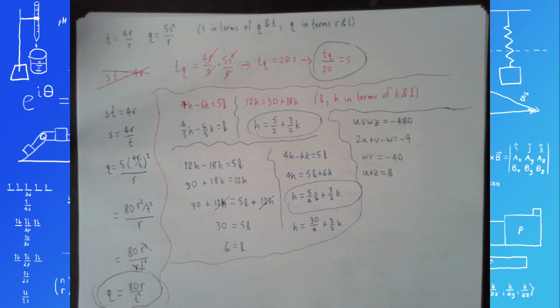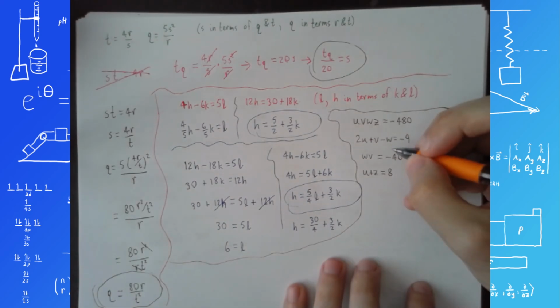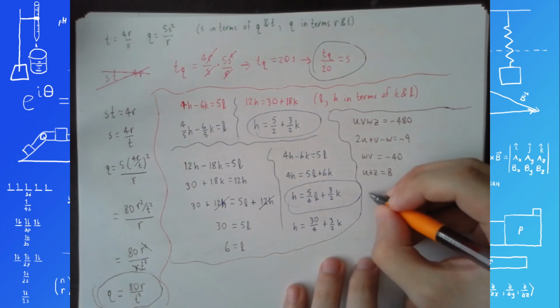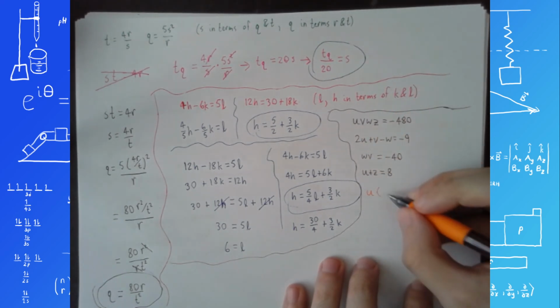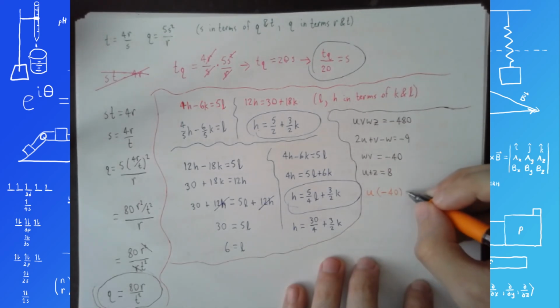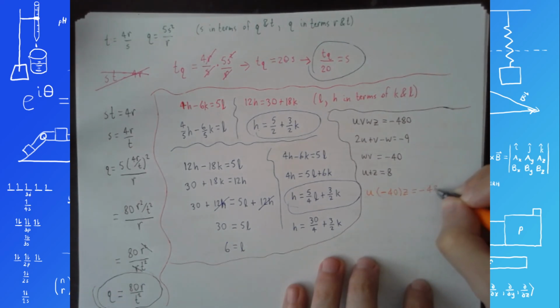I can do, let me switch to, let's do orange. I can do u times v times w is equal to negative 40 times z is equal to negative 480.